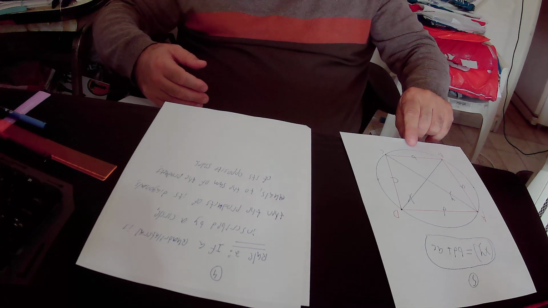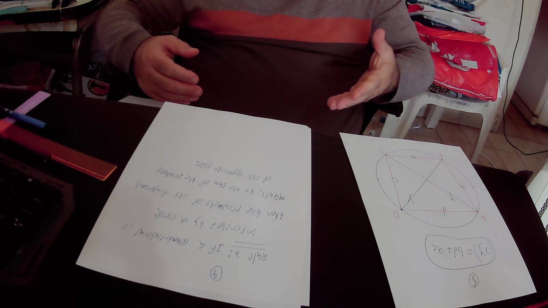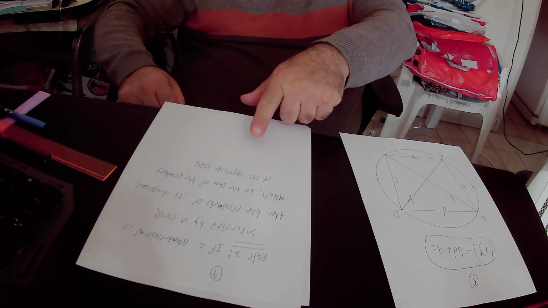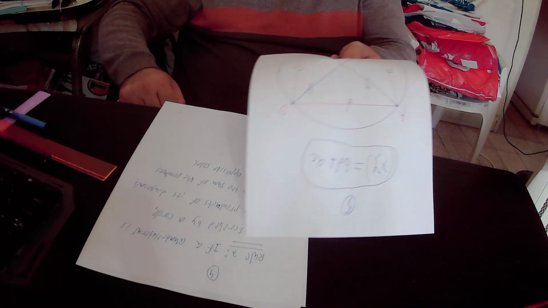Okay, the product of its diagonals is x times y, and it equals the sum of the products of its opposite sides.